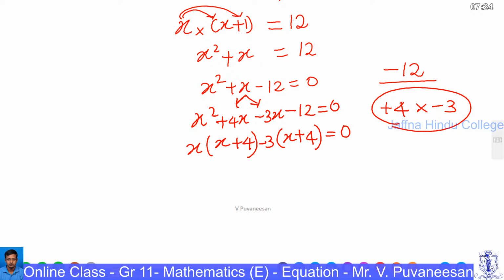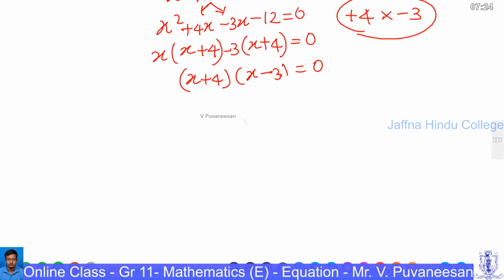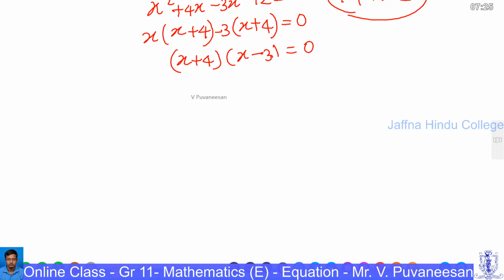Now we can take x plus 4 as common, the remaining is x minus 3. Now we have factorized. Look at this: x plus 4 into x minus 3 equals 0.